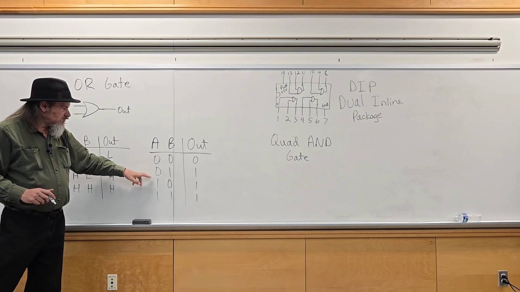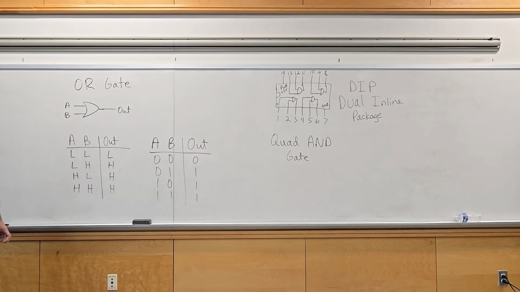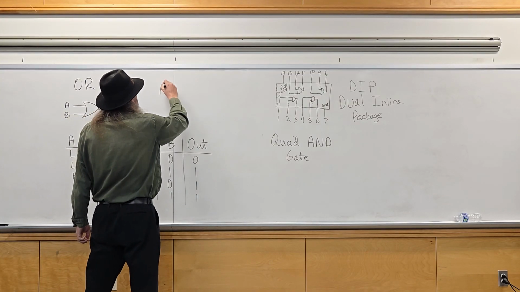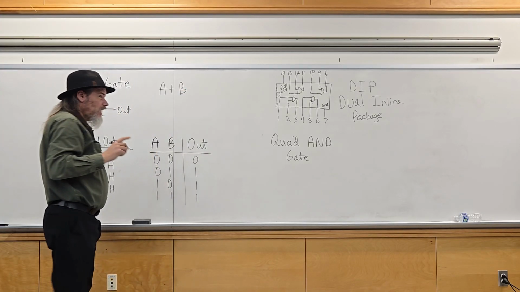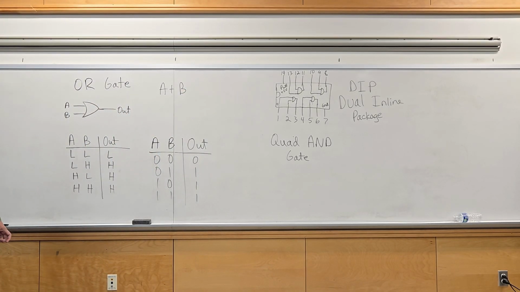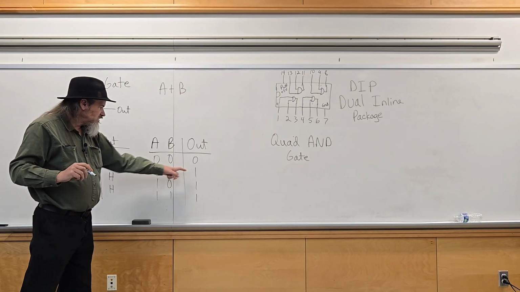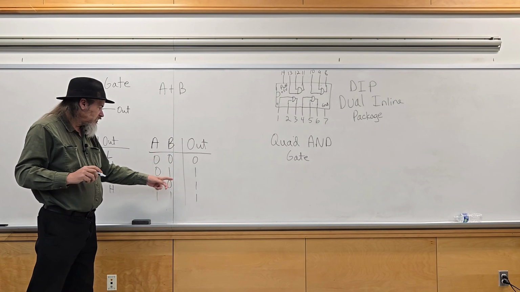So in binary, it looks like this. The Boolean expression representation is a plus. And it kind of does resemble the addition operation in regular algebra. 0 plus 0 is 0. 0 plus 1 is 1. 1 plus 0 is 1.